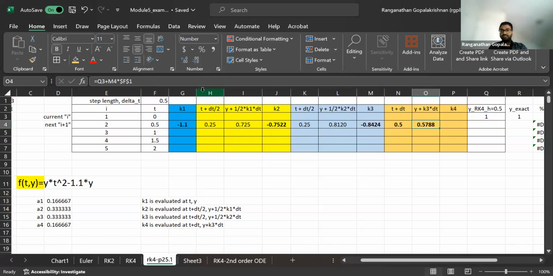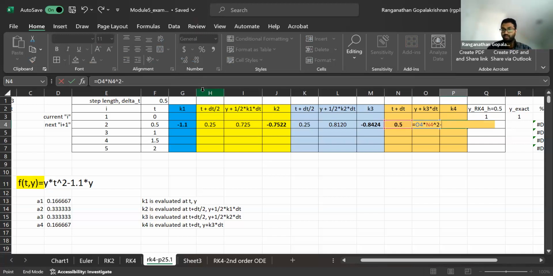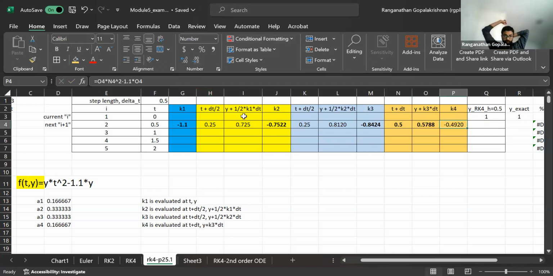That agrees as well. Okay. So now I'll put these 2 values and compute my function, which is y times t squared minus 1.1 times y. 0.4920.